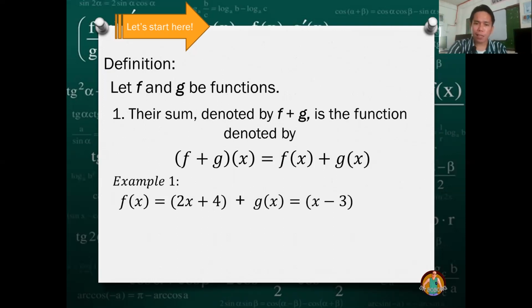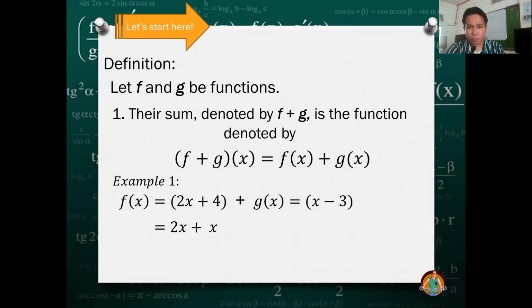So in our f of x and g of x, what are the terms that are the same? So ano yun? Ito. 2x and x. So bakit parehas si 2x and x? Because they have the same variable. Ano yung variable nila? X. Parehas sila? Yes. Ano yung kanilang degree or exponent? 1. So parehas? Yes. So we can combine 2x and x.